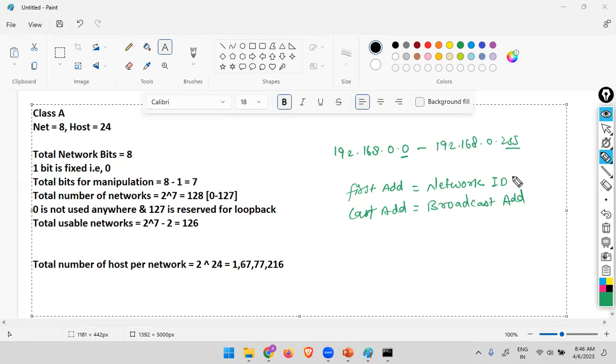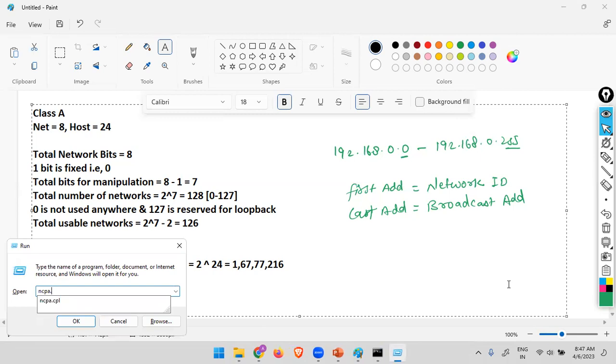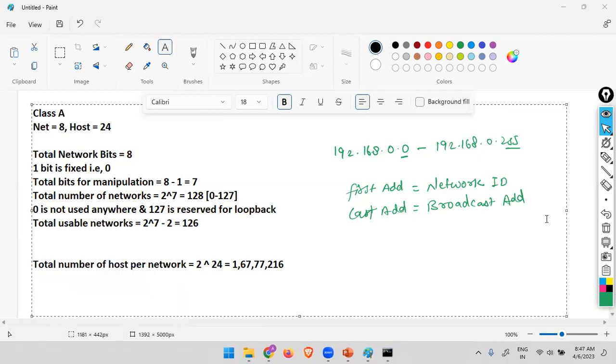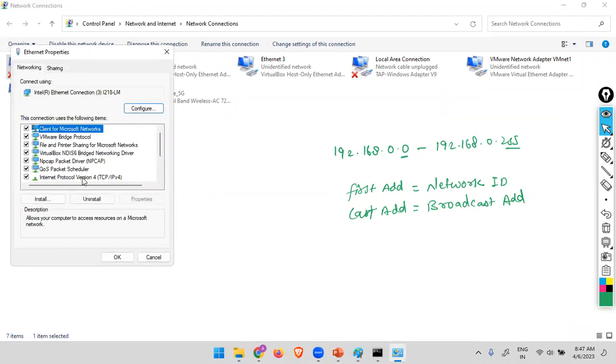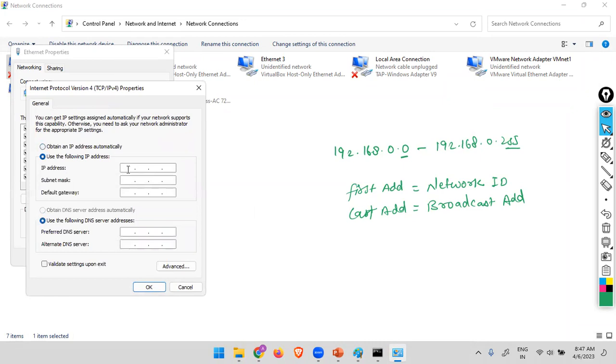Is that clear? Let me show you. If I open my network configuration, IPv4, use the following address. If I assign any random IP in between, let's say 0.1, it automatically takes the subnet mask.